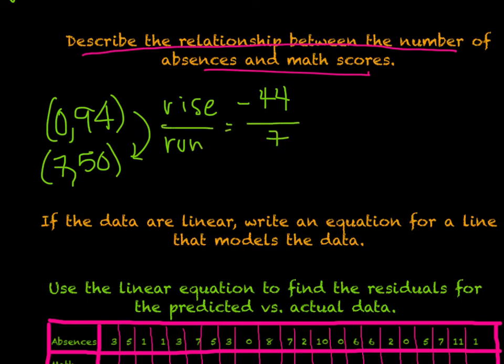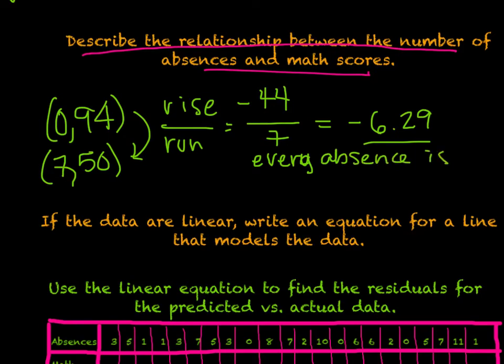So negative 44 over 7 is negative 6.29. Essentially, every absence is a drop of almost 6.3 percentage points.